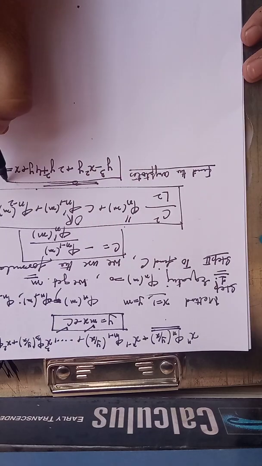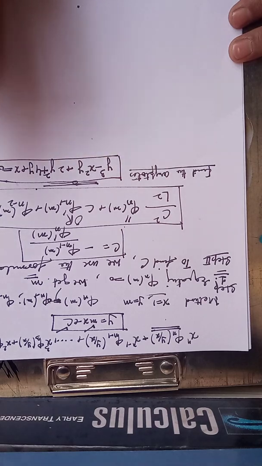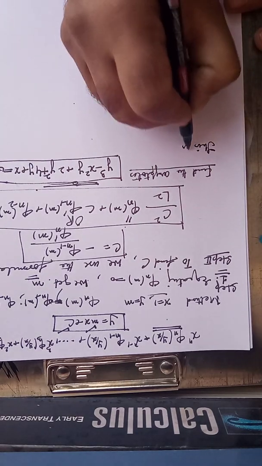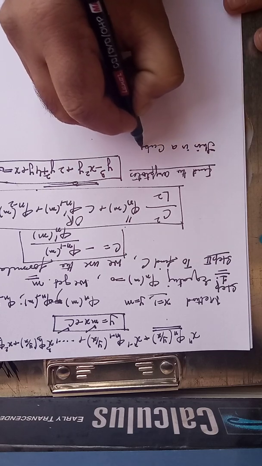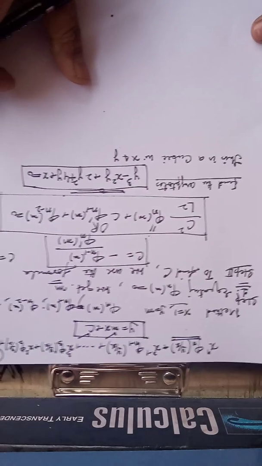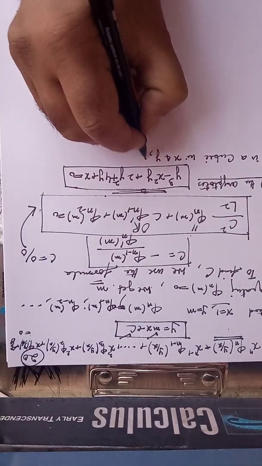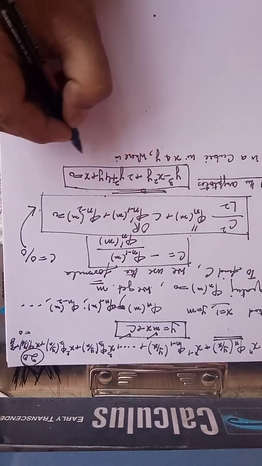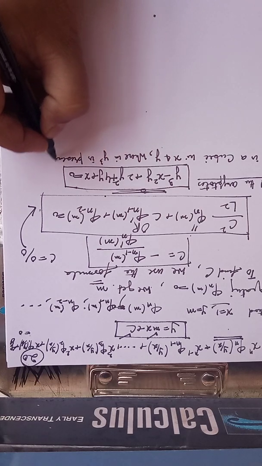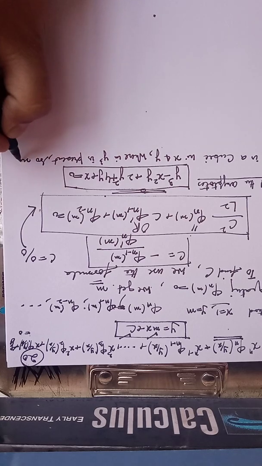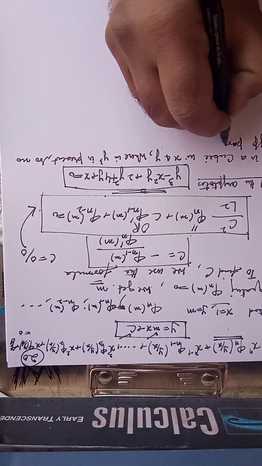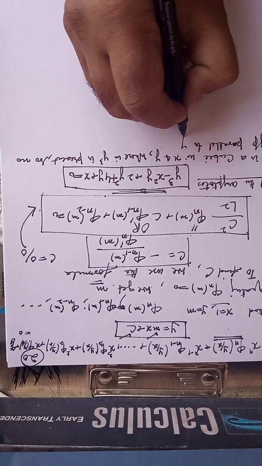Simple curve. Now let me write. This is a cubic in x and y, wherein y cube is present. So no asymptote parallel to y-axis. Simple.